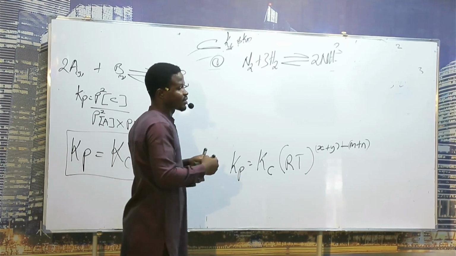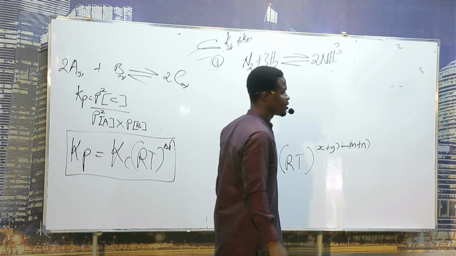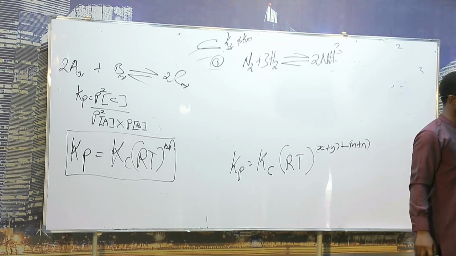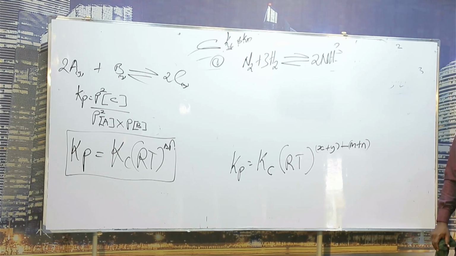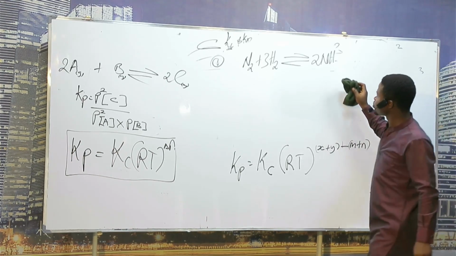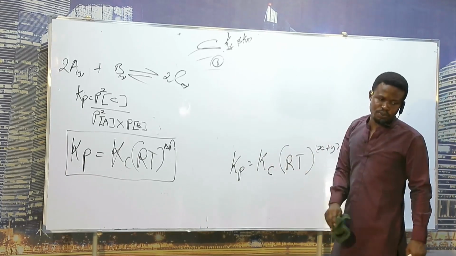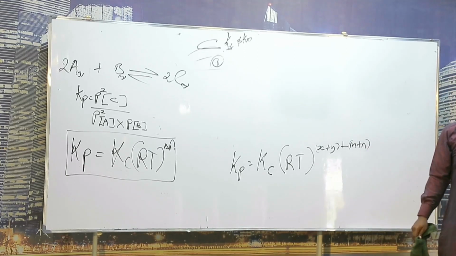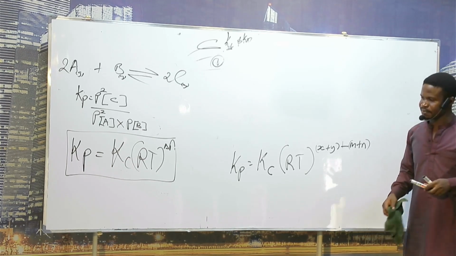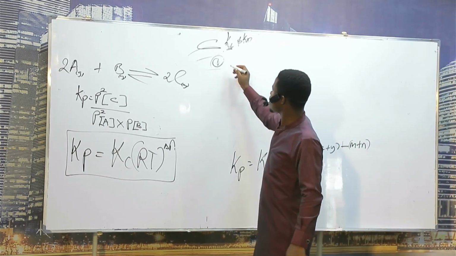Number one: change in n is positive when the amount of gaseous product is more than the amount of gaseous reactant, as seen above.